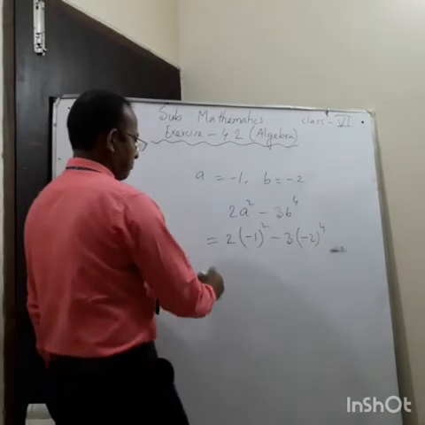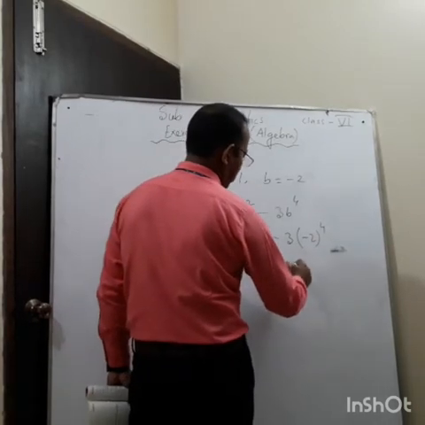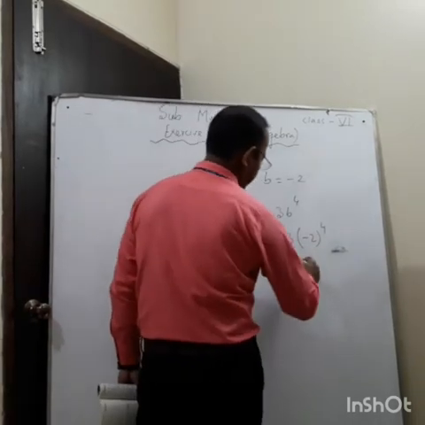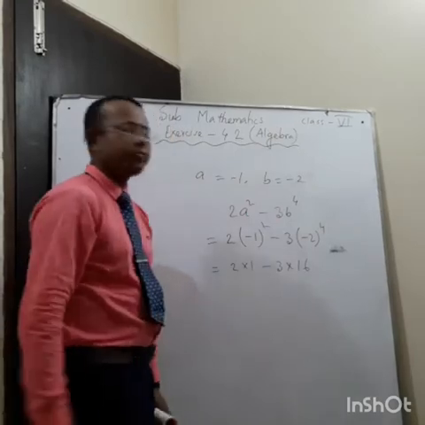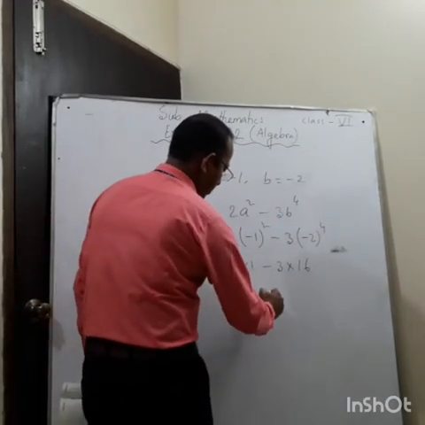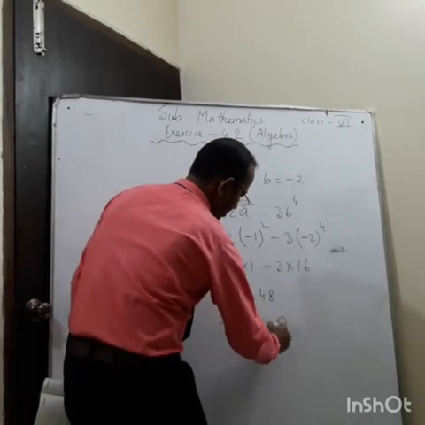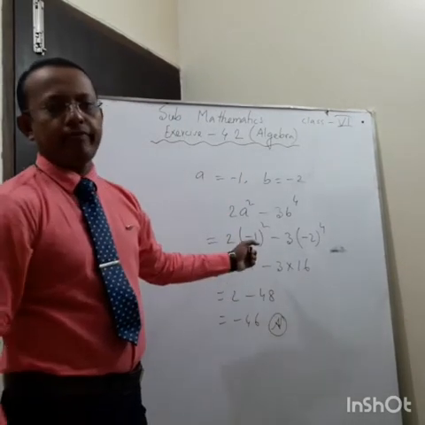Now, this is 2 into 1 minus 3 into 16. This is 2 minus 48, which is equal to minus 46. That is the required answer.